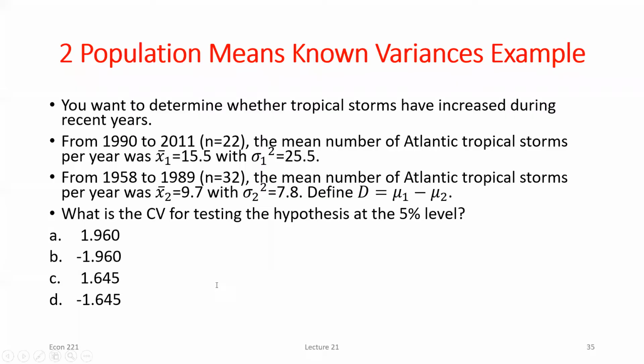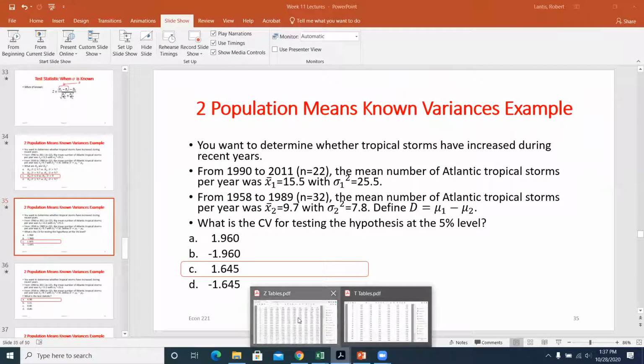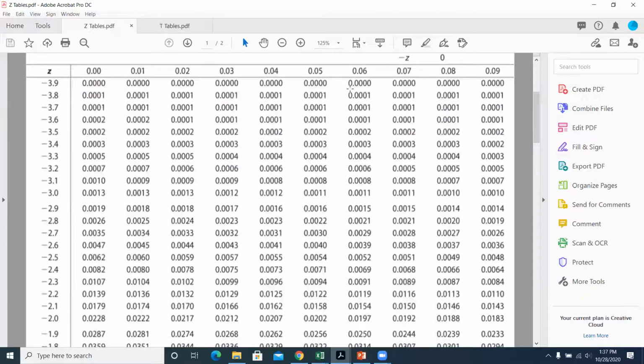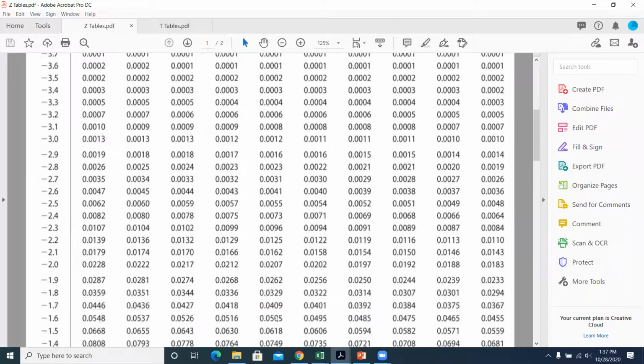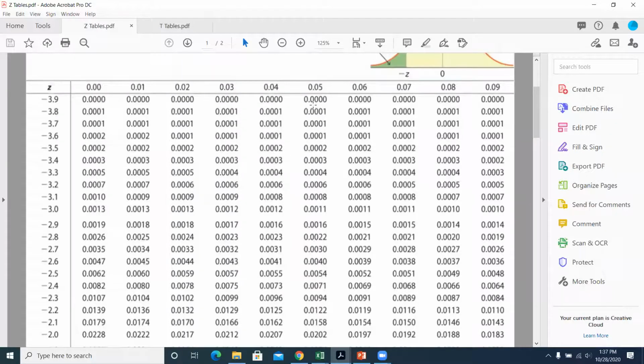All right, so we'll go to the tables. We can look up the area of 0.05. It's in between these two values, negative 1.64, negative 1.65. So we use negative 1.65, the higher in absolute value of the two. Remember, it's a right-tailed test, so the value we actually want is 1.65.